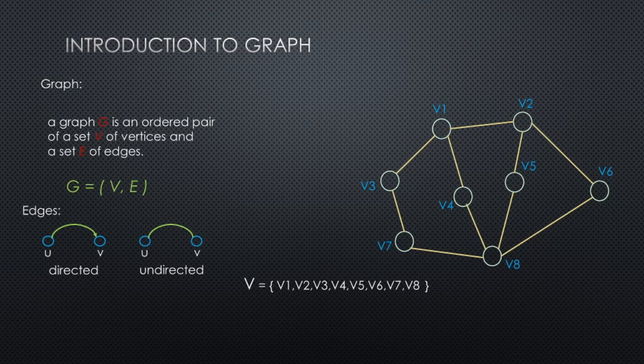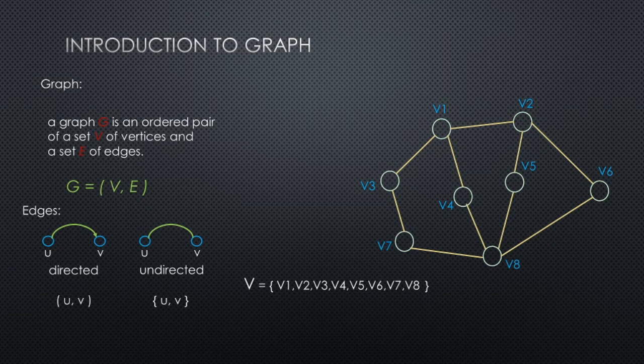For our example, origin is U and destination is V. A directed edge can be represented as an ordered pair. Now, if the edge is undirected, the connection is two-way. An undirected edge can be represented as an unordered pair. Because the edge is bidirectional, the origin and destination are not fixed. We only need to know what 2 endpoints are being connected.